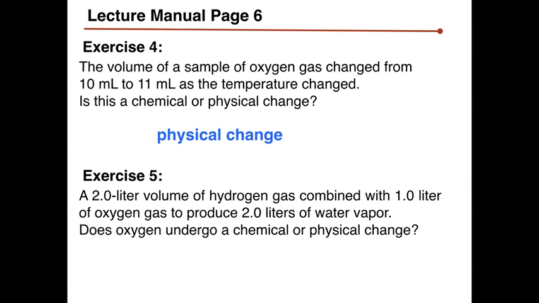Exercise 5: a 2-liter volume of hydrogen gas combined with 1 liter of oxygen gas to produce 2 liters of water vapor. Does oxygen undergo a chemical or physical change? The answer is chemical change, because oxygen is now combined with hydrogen and produces something else, which is water in this case.